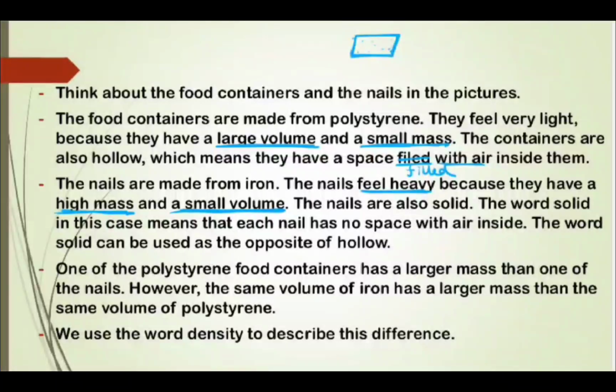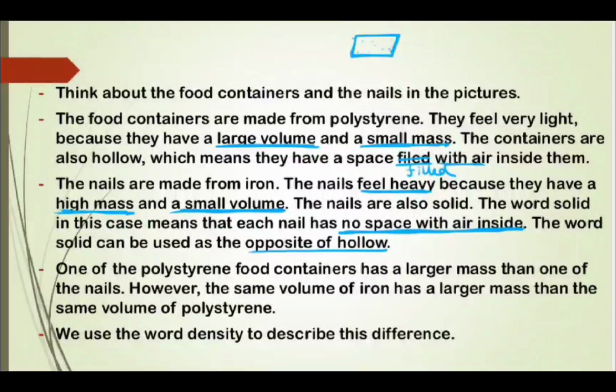The word solid in that case means that each nail has no space that can be filled up with air inside them. The word solid can be used as the opposite of hollow. So if I say this thing is solid, that can also refer to the air spaces in them being less.